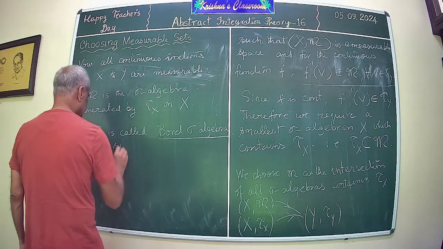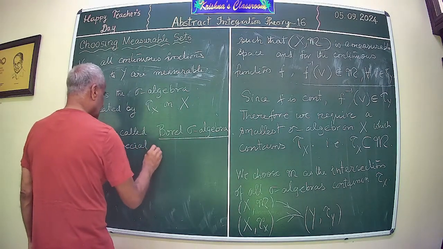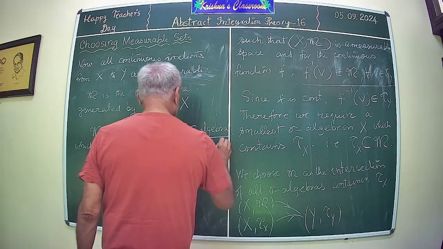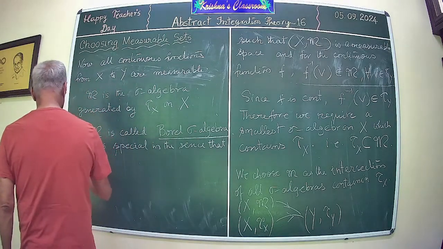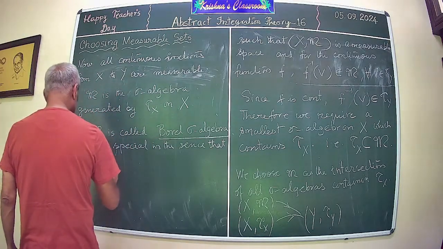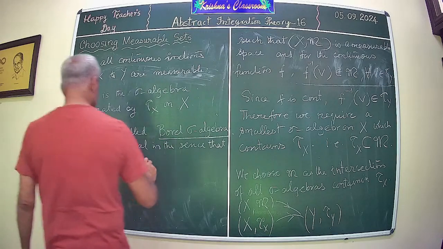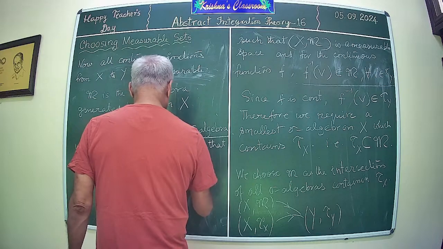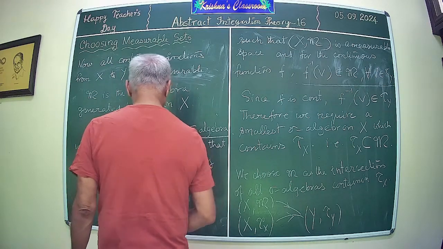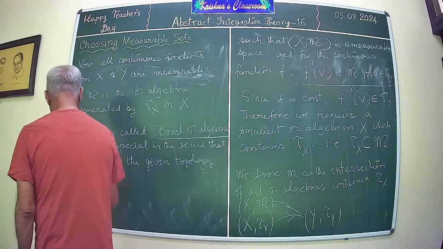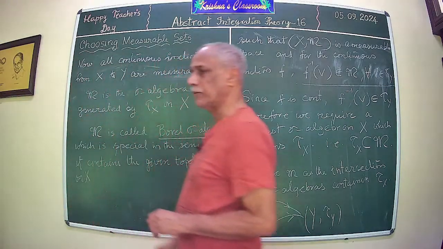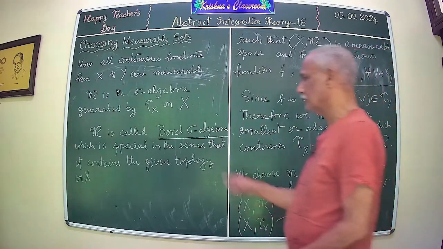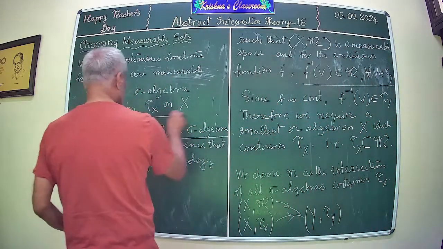The special topology on X means every open set in X is now an element of M. So this is the speciality.